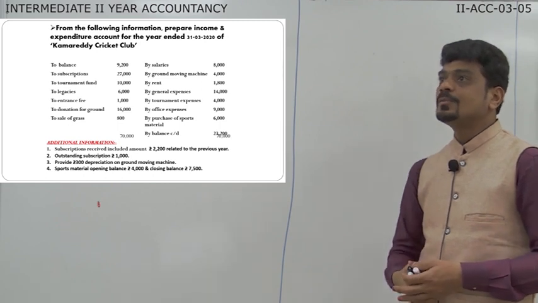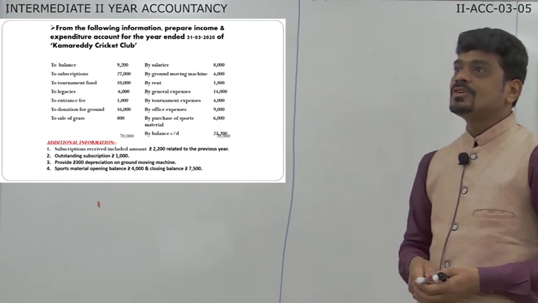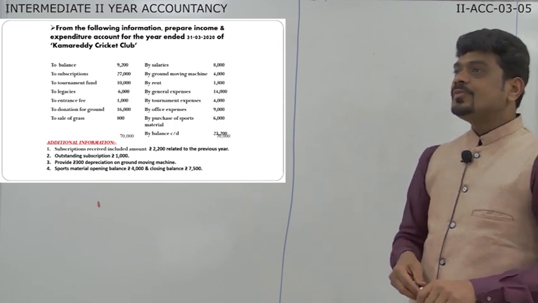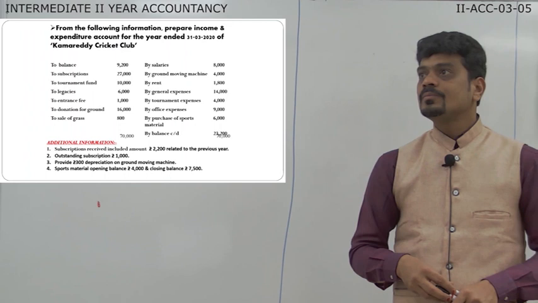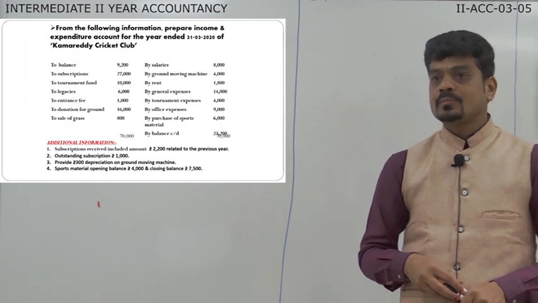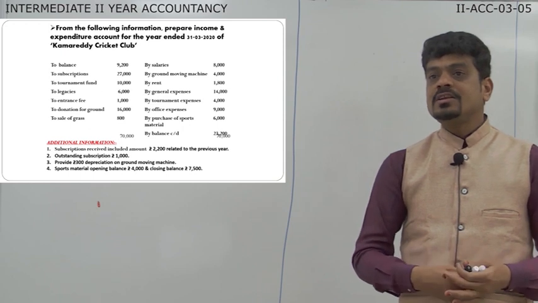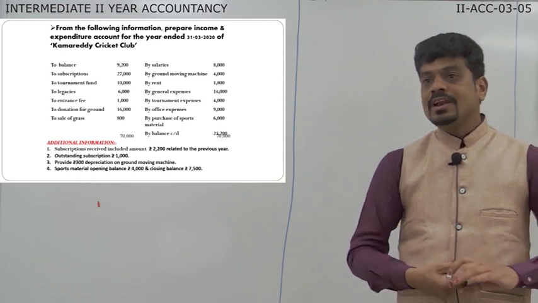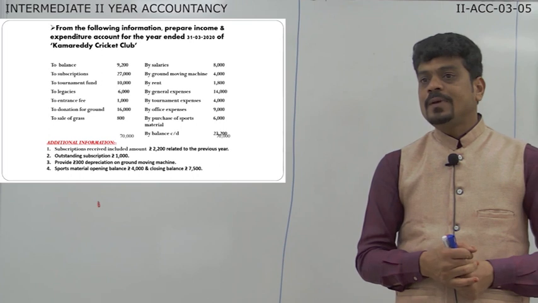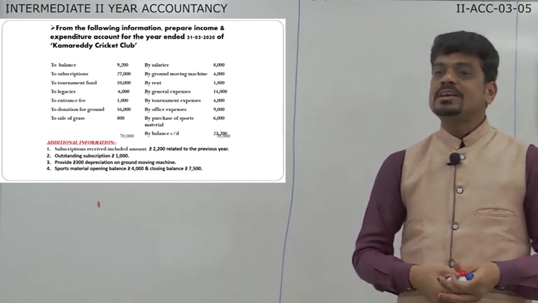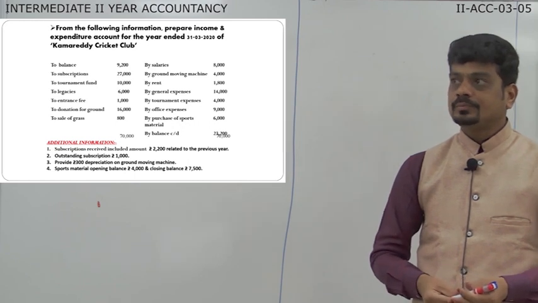First is balance brought down, then subscription, tournament fund, legacy, entrance fee, donation for ground, and sale of grass. Salaries, then ground moving machine, rent, general expense, tournament expense, office expense, purchase of sports material, and balance carried down.